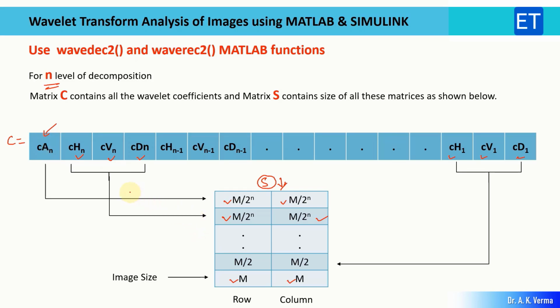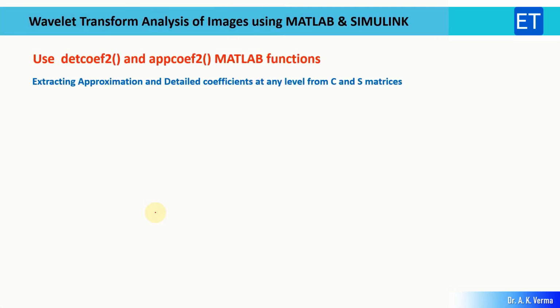So from these two matrices, if you want to find the detail coefficients or approximation coefficients at a particular level, you need to execute two different functions, and these are detcoef2 and appcoef2.